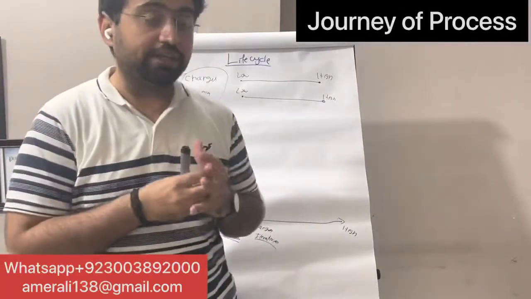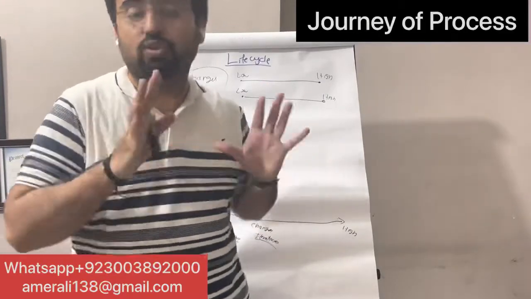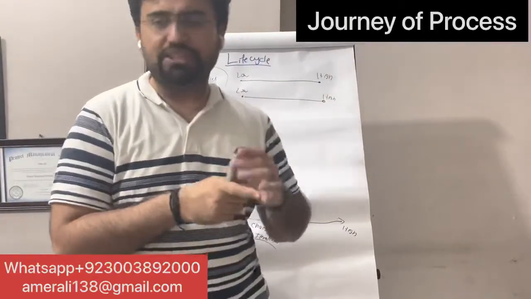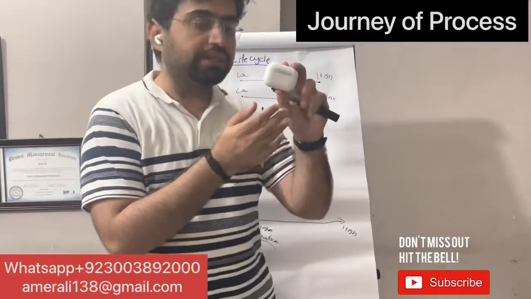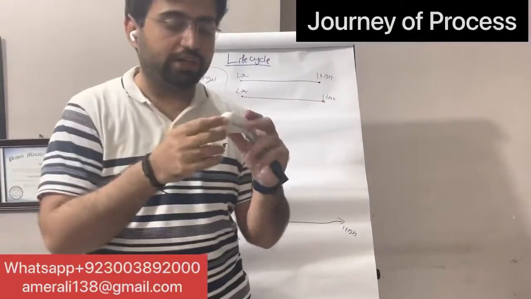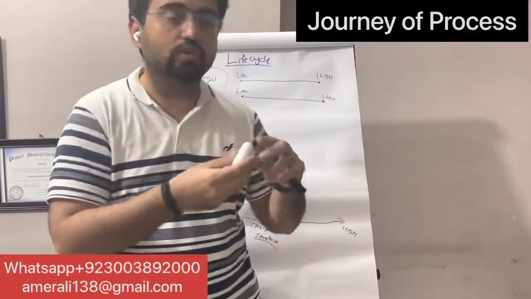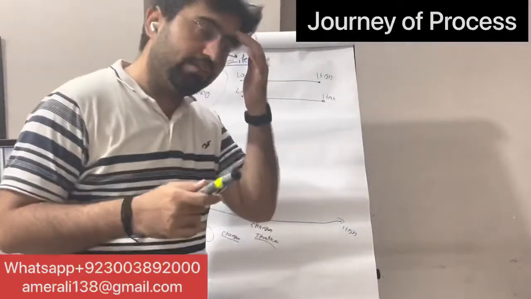We make a prototype, we show the customer, the customer says no, this is not good, change this thing, maybe change the glasses. Let's say I'm making AirPods, so I bring a design maybe in blue color, and the customer says no, I want it in white. Then the customer says, please change this button, this is not good. They keep on changing, and we keep on having iterations.